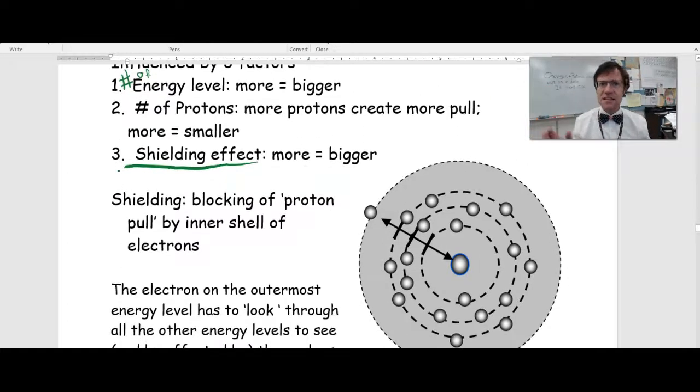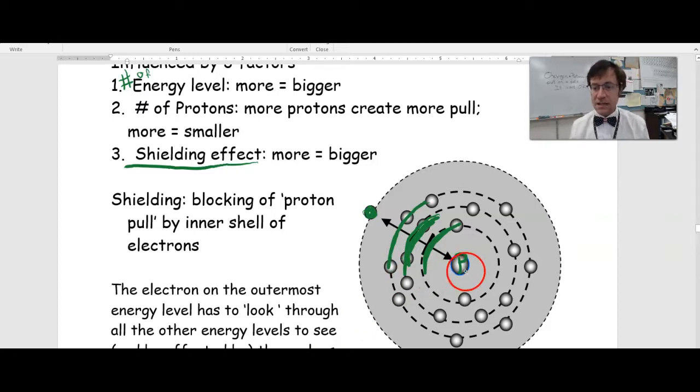But in this case, instead of magnets and the refrigerator, it's electrons and protons. So basically, when the electrons are way out here, it has to literally see through several layers of other electrons. More energy levels, more clouds. It's really hard to see in there.